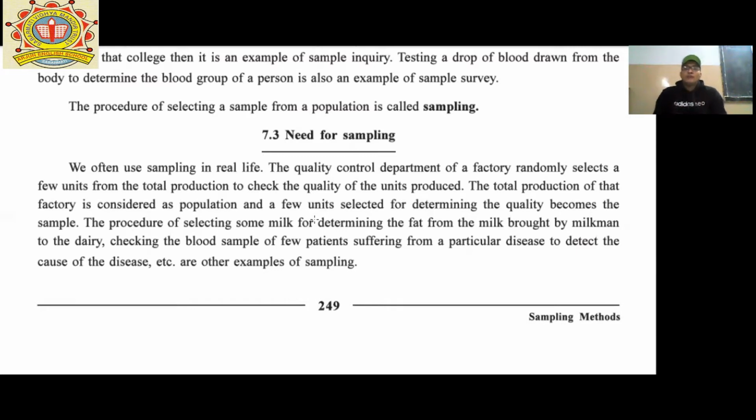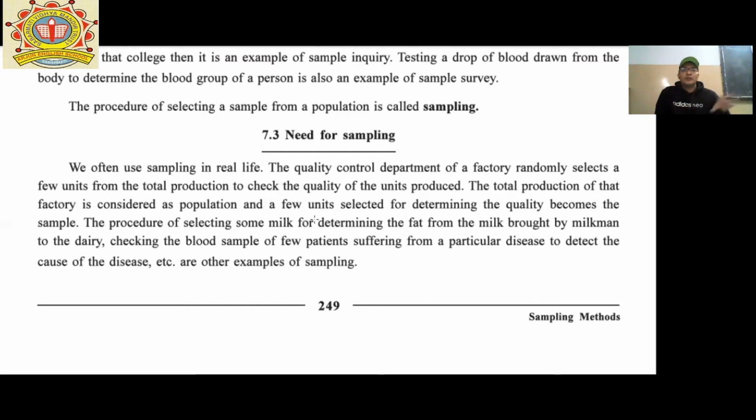But why are we doing this sampling? The main focus is that we want to reduce time, effort and cost. So that's why we go with sampling. Here they have provided the example of a quality control department. If a supervisor checks the production of goods from the factory, he doesn't check each and every product.